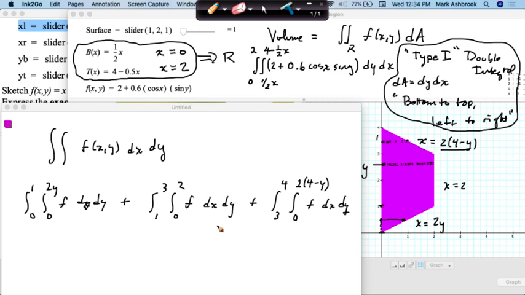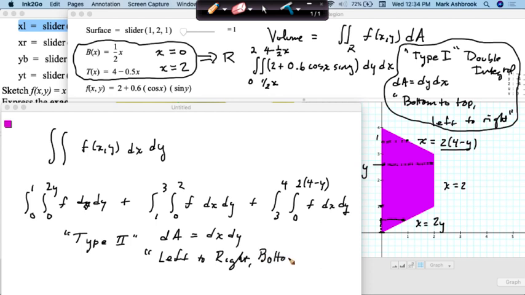But this would be type 2. And type 2 is, dA is dx dy now. And our cheer is left to right, then bottom to top.